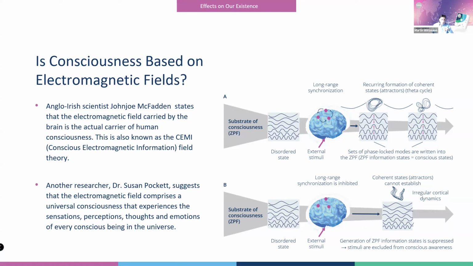And he called them basically conscious electromagnetic information. And this is, of course, another field theory. And another researcher, Dr. Pocket, suggests that the electromagnetic field comprises a universal consciousness that experiences the sensations, perceptions, thoughts, and emotions of every conscious being in the universe.